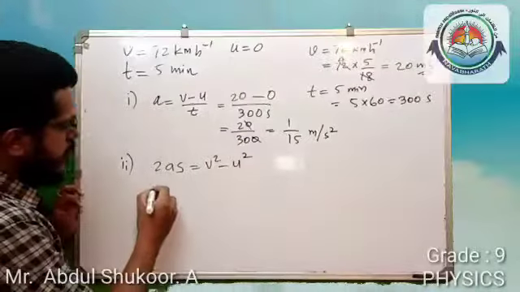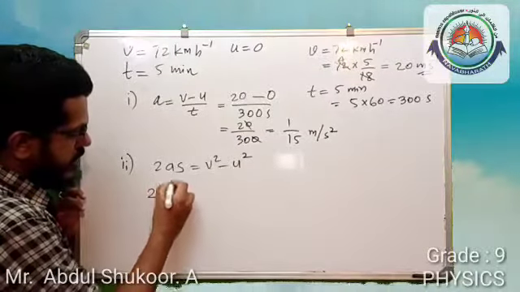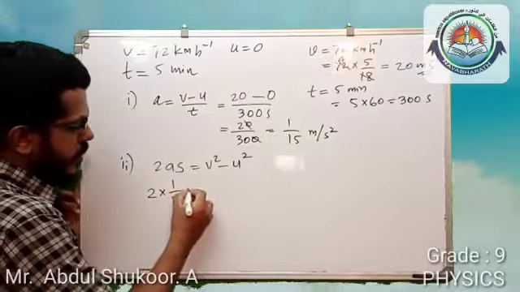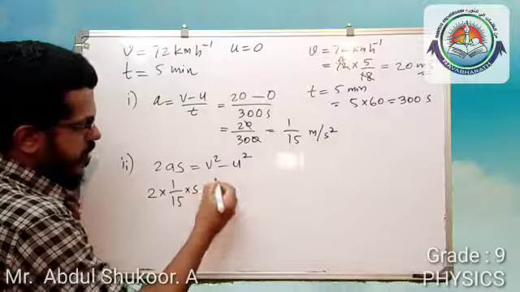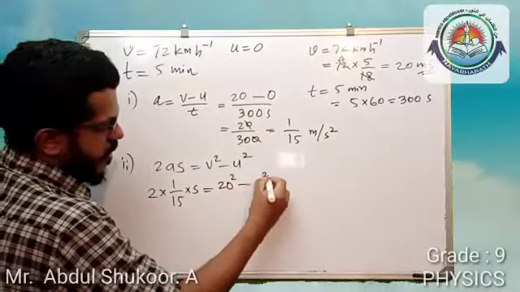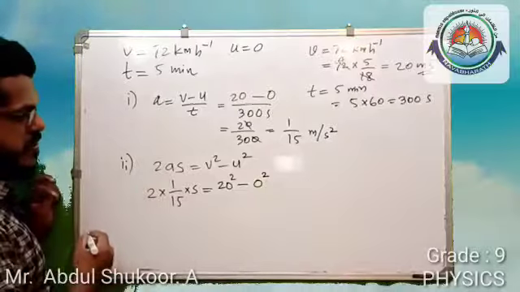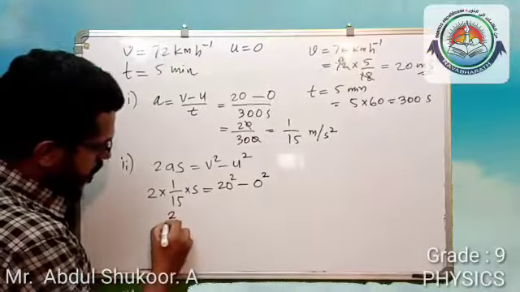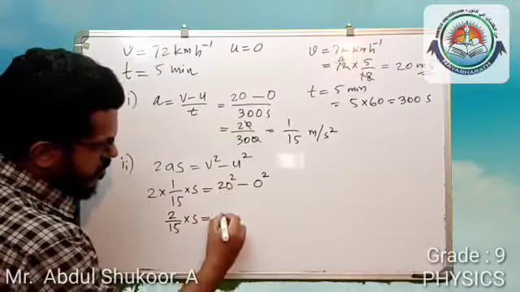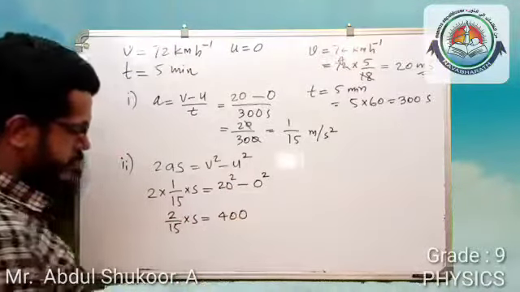We substitute these values: 2 into 1 by 15 into s is equal to 20 square minus 0 square. Then 2 by 15 into s. What is 20 square? 400.